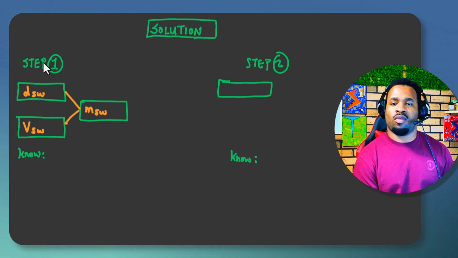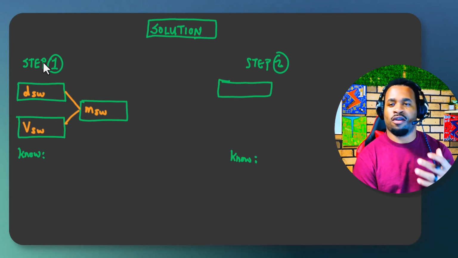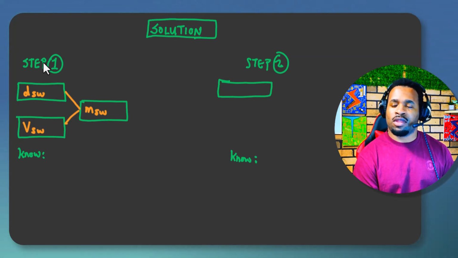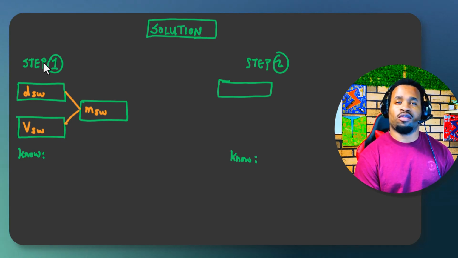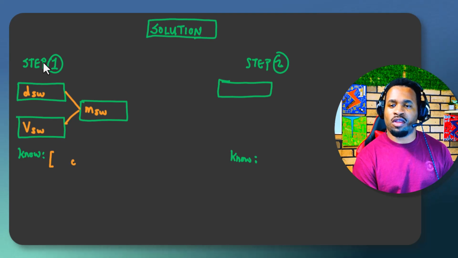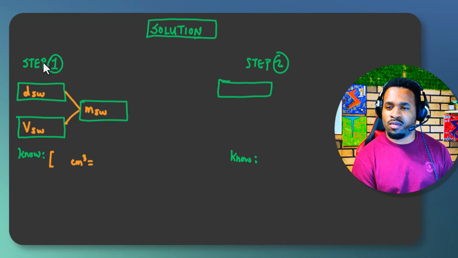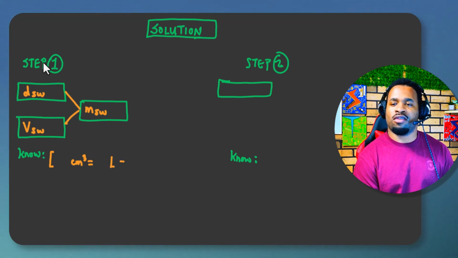And so what are the skills you should know to arrive at the desired outcome? First, you should know the relationship between centimeter cube, liters, and milliliters.